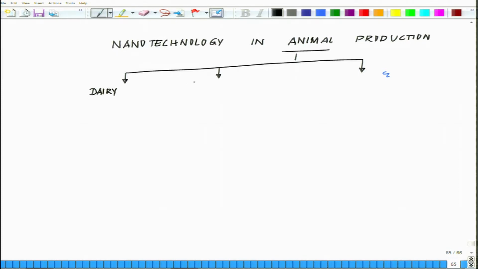Then we will be talking about meat producing animals. Then we will be talking about fisheries, and occasionally we can also talk about some of the insect related stuff, especially something like silkworm.